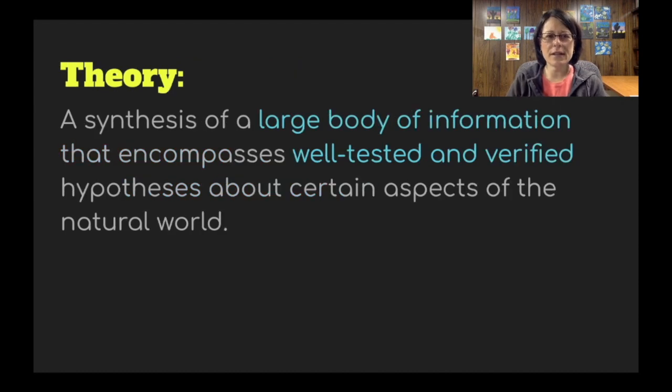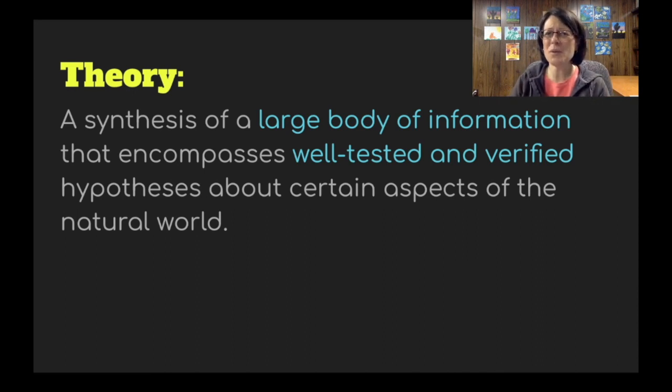A theory is a synthesis of a large body of information that encompasses well-tested and verified hypotheses about certain aspects of the natural world. Theories attempt to explain what is going on, and they are well-tested and verified. Now, this is different from the way the term theory is used popularly today, because a lot of people have theories, which is their explanation for why something is going on.